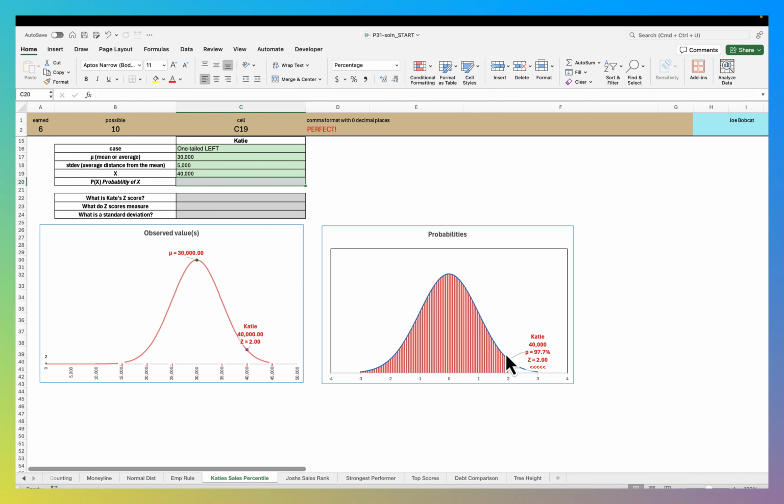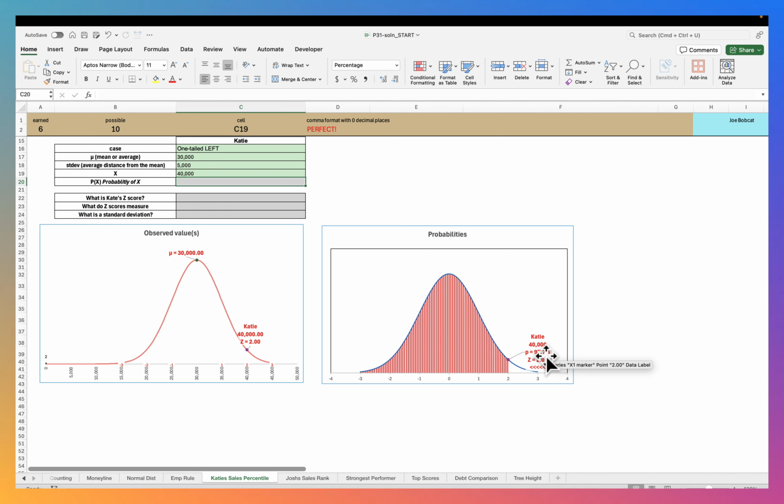But if we come over here, we can actually see visually what the problem is asking for, which is what percentage of people are to the left of Katie. And that's 97.7% to the left of Katie. See the little arrows to the left, and there's the z-score of 2.0, and then that's her absolute number, the 40,000. So this visually shows what the problem is asking for.